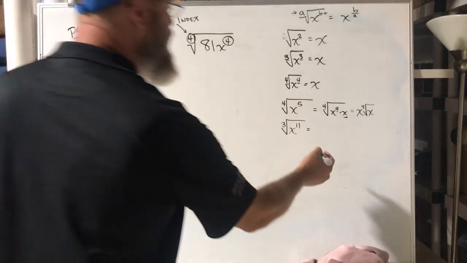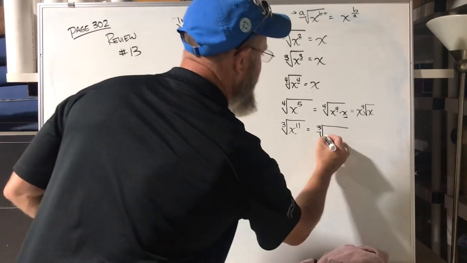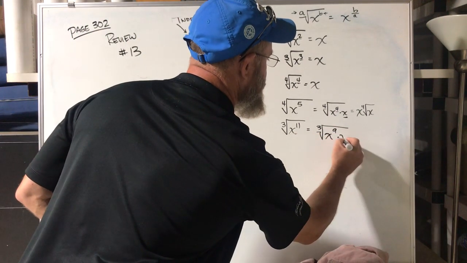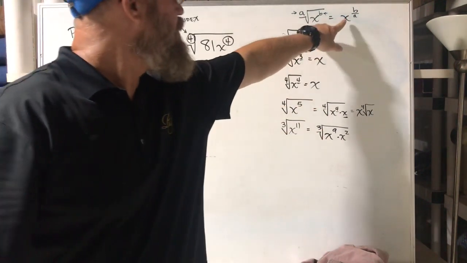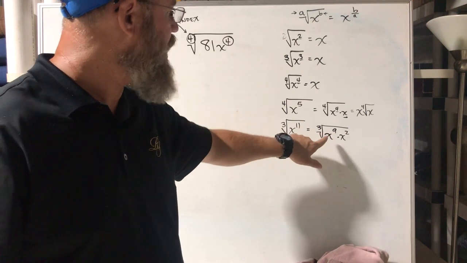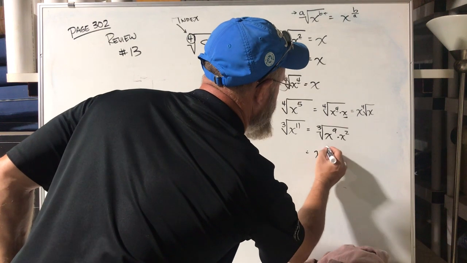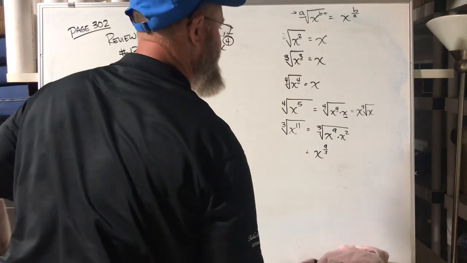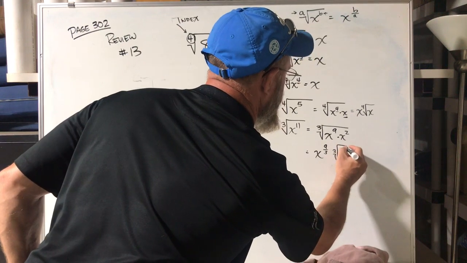What if we just did the cubed root of x to the 9th times x squared? Well, we know from this rule that x to the 9th, the cubed root of x to the 9th is x to the 9 over 3 times the cubed root of x squared.